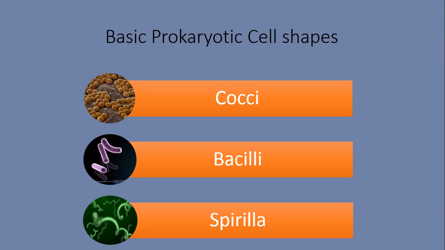Now we'll talk about the 3 basic prokaryotic cell shapes. These are not the only shapes that prokaryotic cells can be found in, but these are the 3 main ones. If you look at the first one, it's cocci, and it looks like circles or spheres.